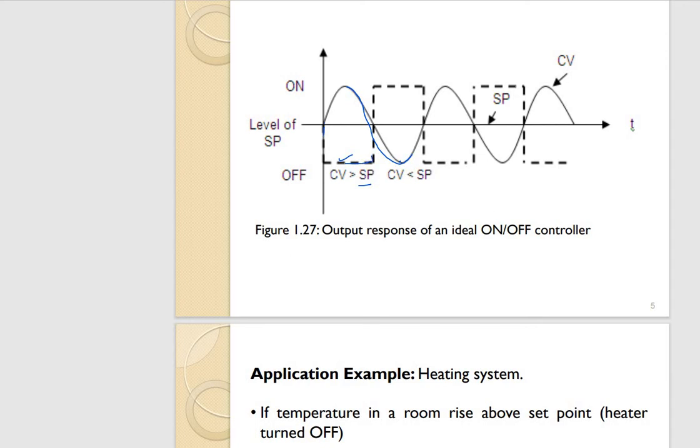So this shows the discontinuous manner of this on-off: switch off, switch on, switch off, switch on. If let's say continuous manner, it will be continuous from 0, increasing, decreasing, and so on.